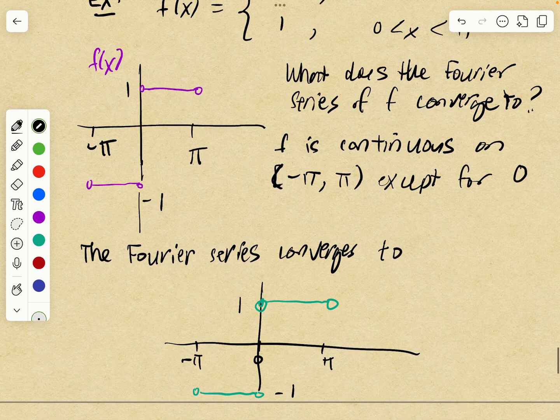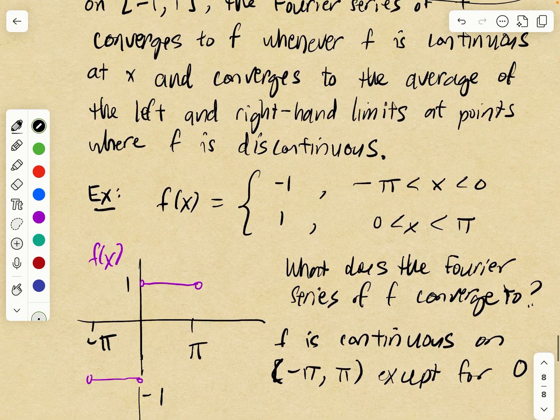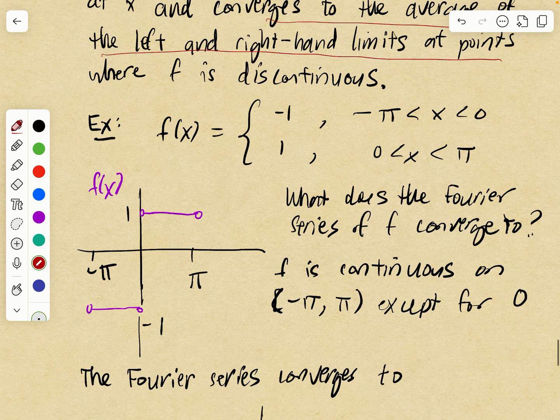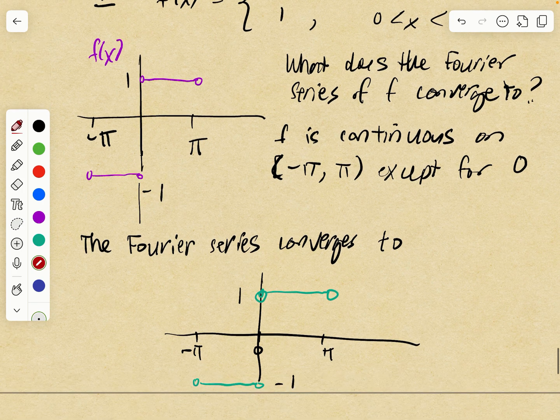But where the function is not continuous, so that's in this example at x equals 0, it's going to converge to the average of the left and right hand limits. If you look at what's going on here, the right hand limit is 1, the left hand limit is negative 1, right? Because the values are negative 1 when you go to 0 from the left, and the values are 1 as you approach 0 from the right.